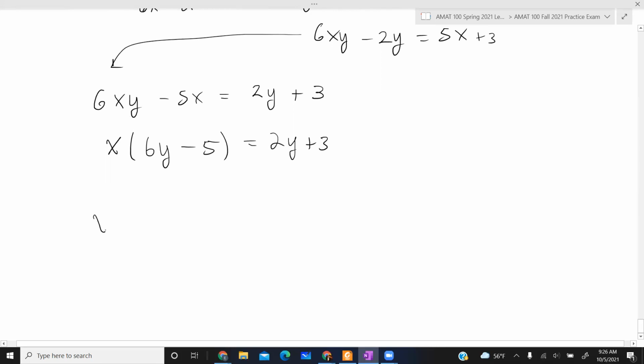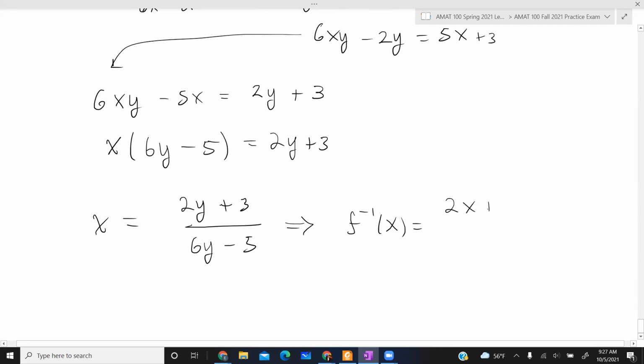And then now I can divide both sides. And I get this. So now I can flip the x and the y, and that will give me the inverse. So f inverse of x is equal to 2x plus 3 over 6x minus 5. And notice the point, where is this not defined? Where is this function not defined?